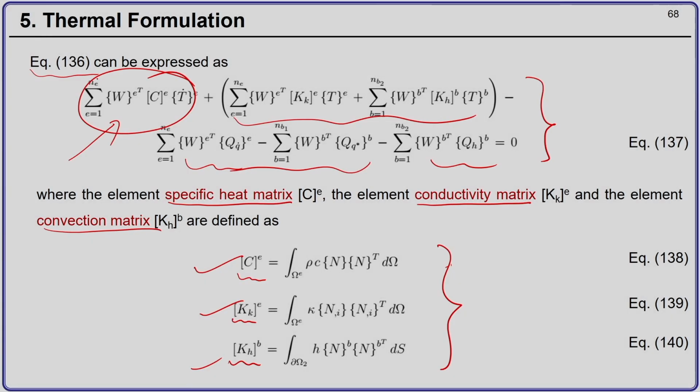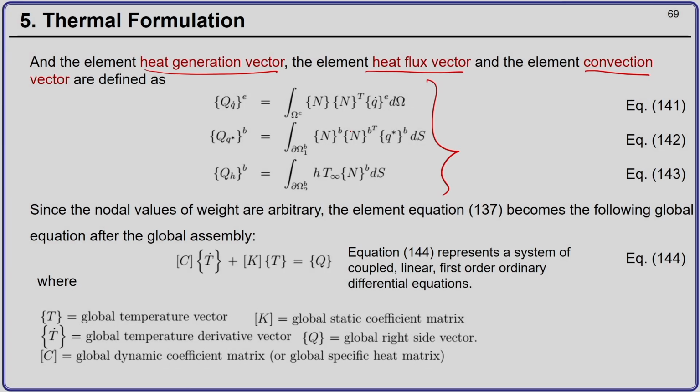Now, the only job is to assemble these elemental quantities over all the surface and bulk elements, and you get what is called the global equation after assembly: C T dot plus K T equal to Q. Equation 144 represents a system of coupled linear first order ordinary differential equations.